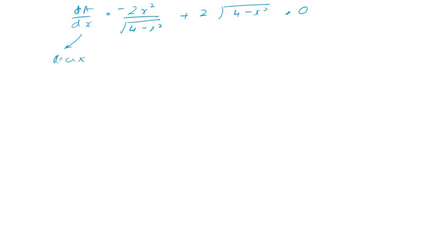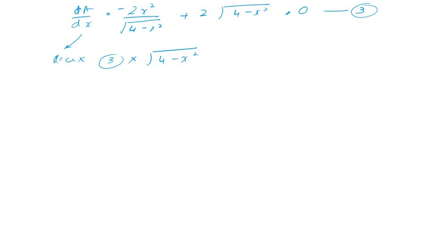So to make this equal to 0, let's multiply the entire equation, let's call this equation 3, by the square root of 4 minus x squared.